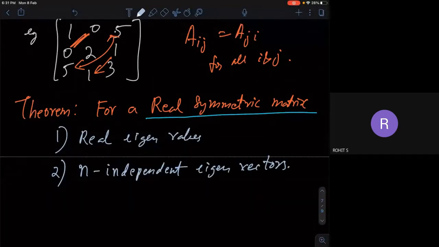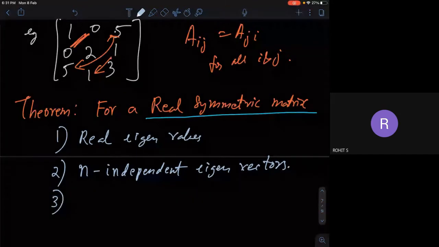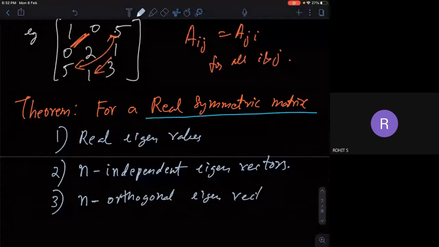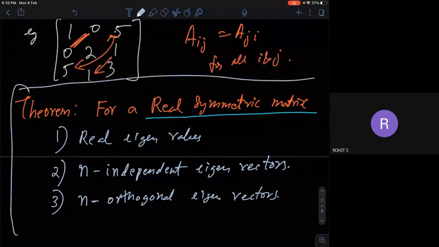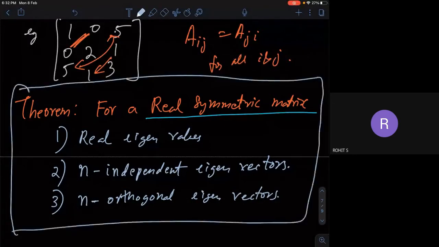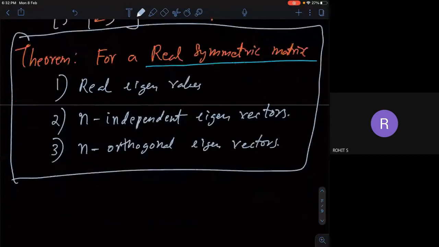And third, most crucially, one interesting property is that you're going to have orthogonal eigenvectors. This is a very crucial theorem which we will see, and it is a foundation for what follows.